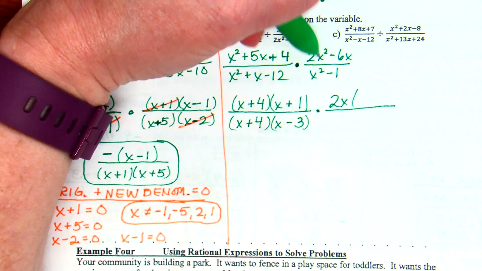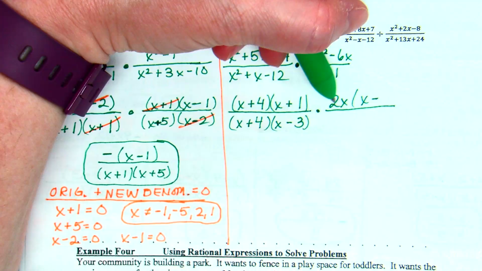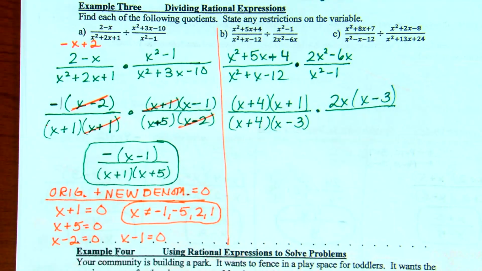2x squared divided by 2x leaves me with x minus 6x divided by 2x leaves me with 3. Now, that 2x is probably there to stay, but that x minus 3 could be canceled eventually, yes? So that's why it's important that you see that GCF. And what about x squared minus 1?